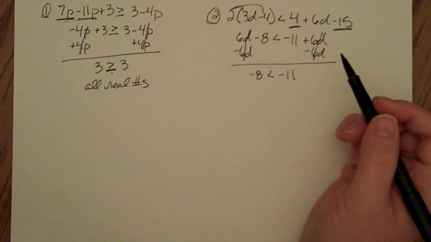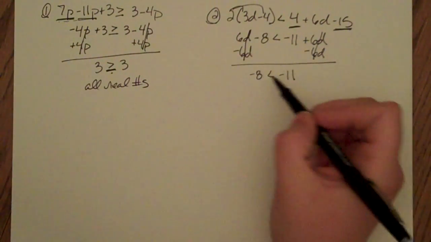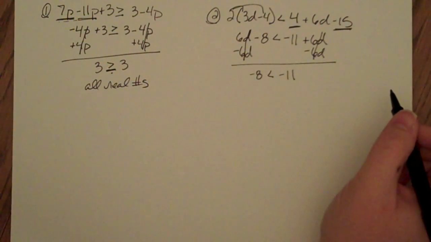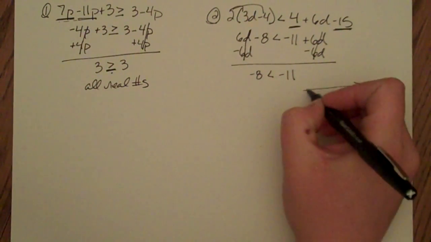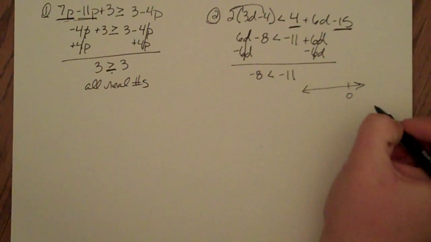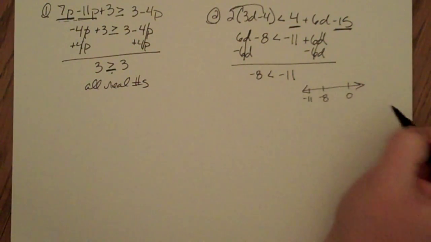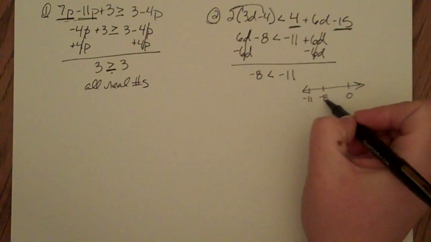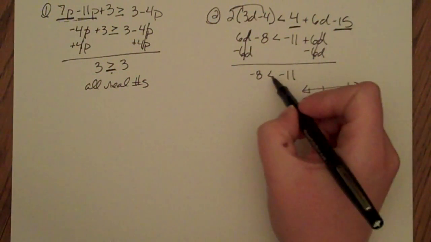So now we need to look at this statement. Is negative 8 less than negative 11? And we need to remember, since we're dealing with negatives, things are a little different than if these were positive numbers. It may help you to draw a number line. If 0 is here and negative 8 was here, negative 11 would be here, which means negative 8 is larger than negative 11, not smaller.